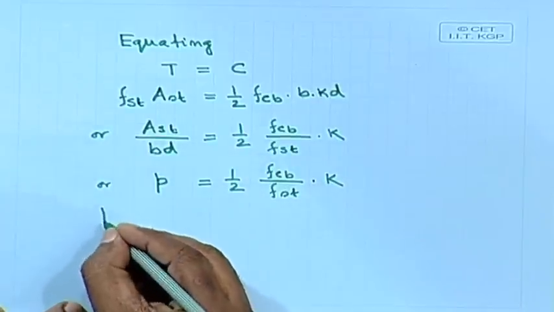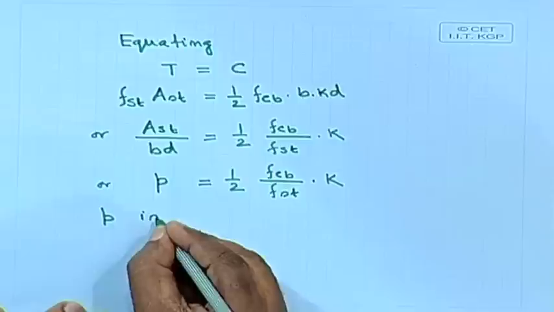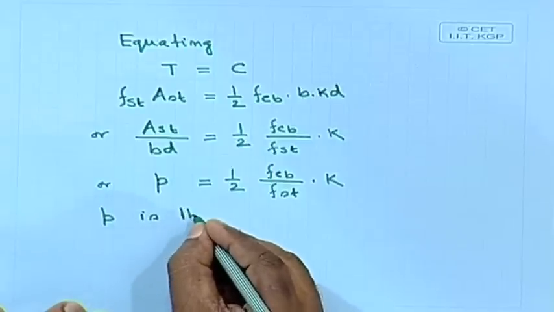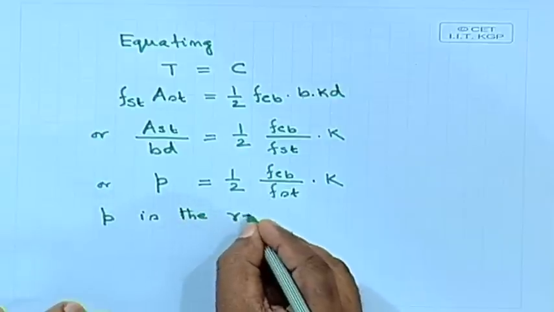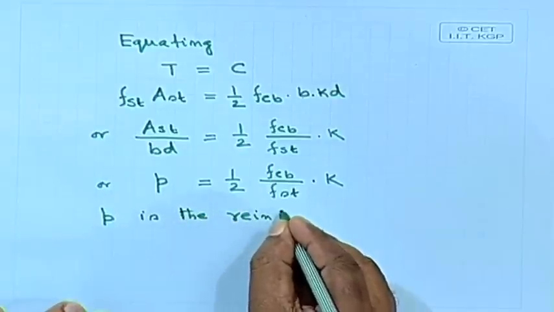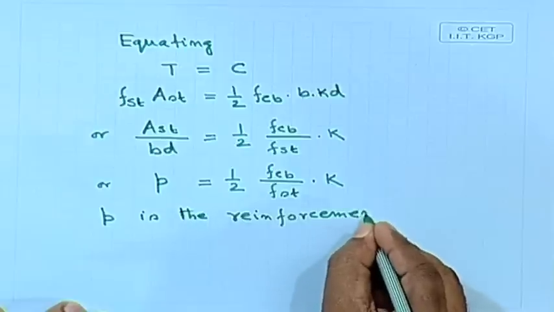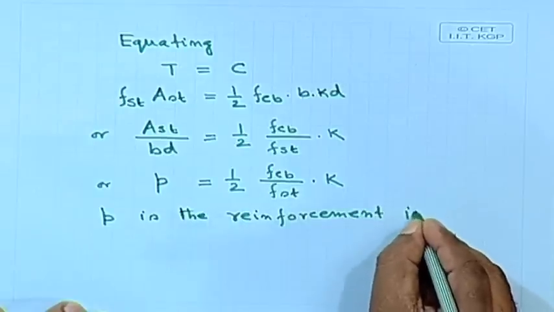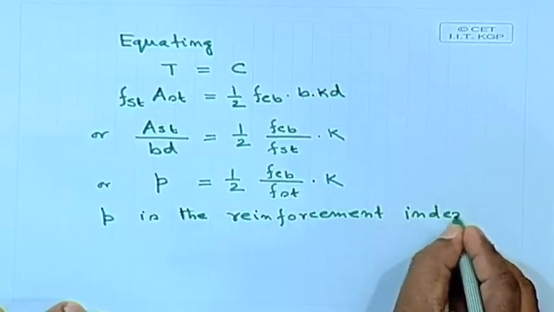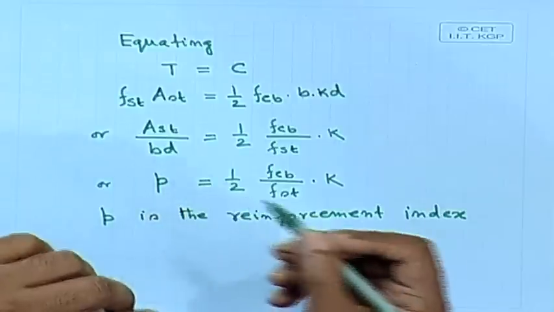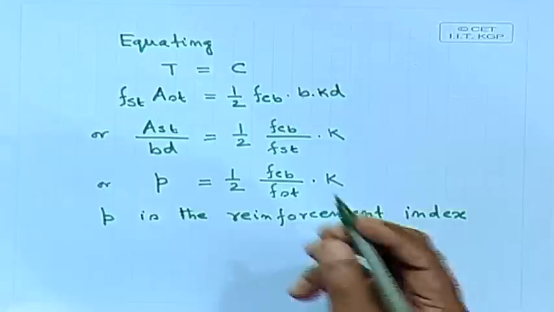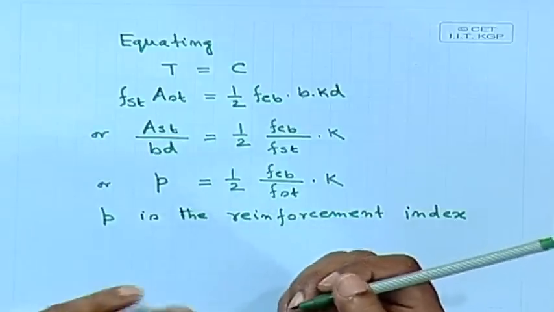This p is called the reinforcement index. We can get it from the percentage of steel also. From there we can find out the percentage of steel.